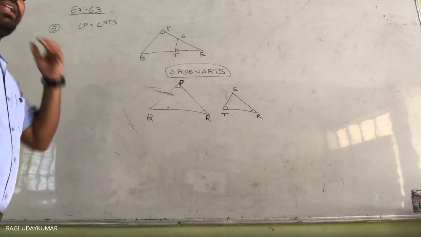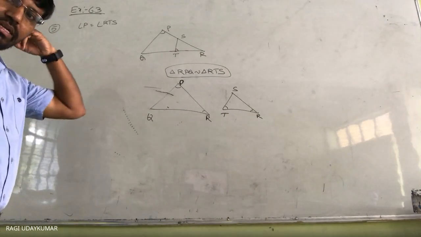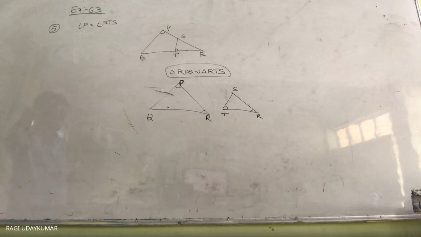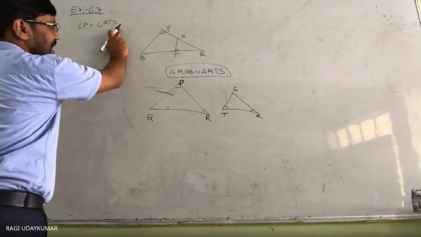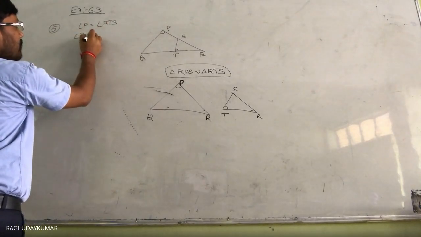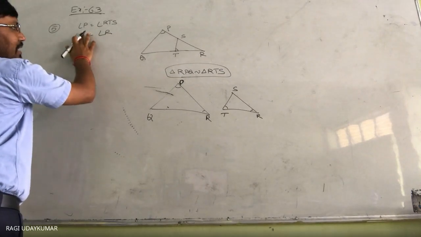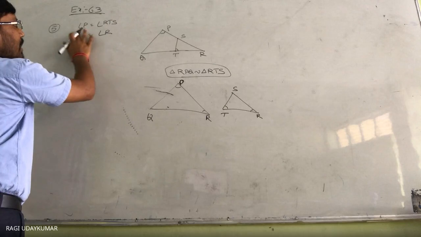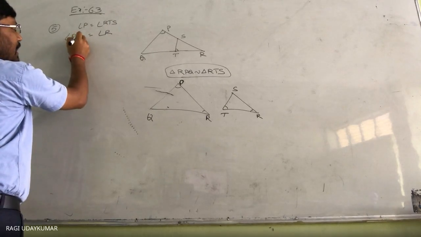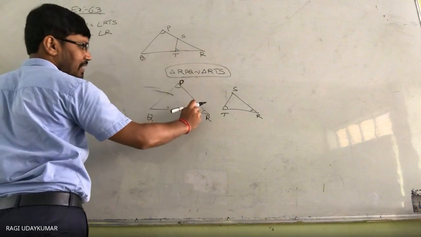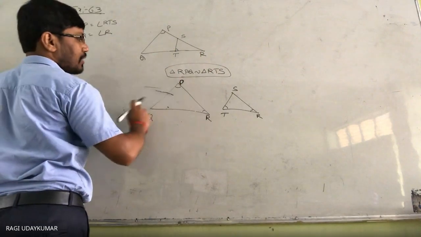But whenever you see that, naming is very important. RPQ, because angle P is given equal to angle RTS. Angle P equal to angle RTS. Angle R is equal to angle R. But here, whenever you write angle R in place of P, better you write the name as PRQ, because this angle we are taking into consideration. PRQ.